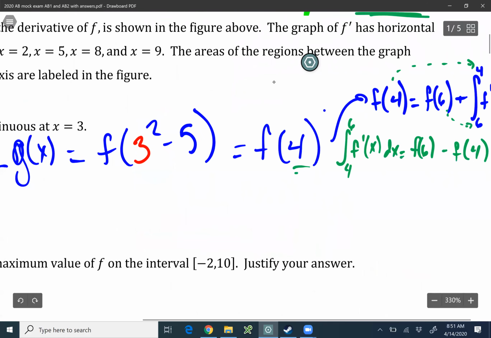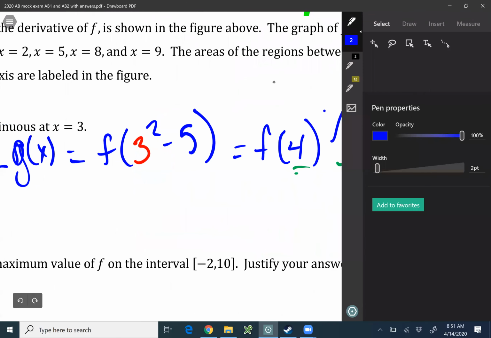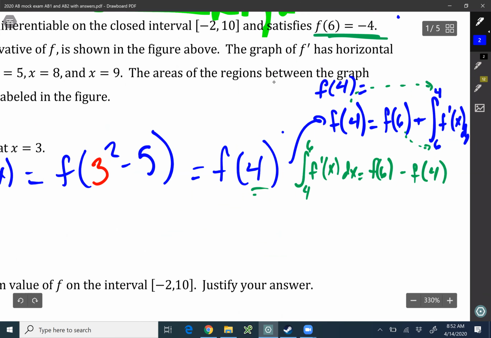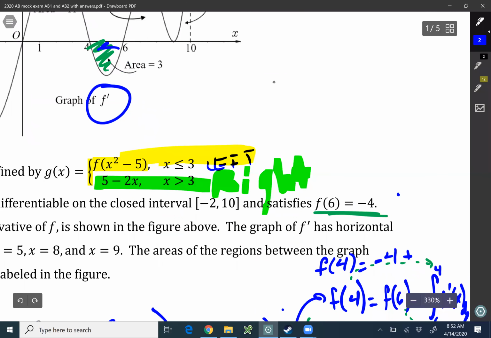So if we did it the way I drew it in blue, then this would become f of 4 equals -4 plus, but because your endpoints are backwards, 6 to 4, that flips.